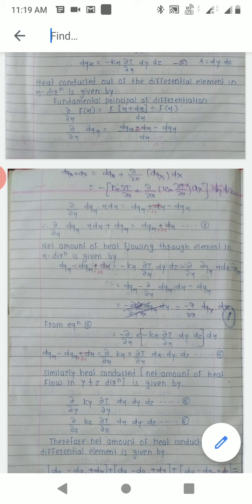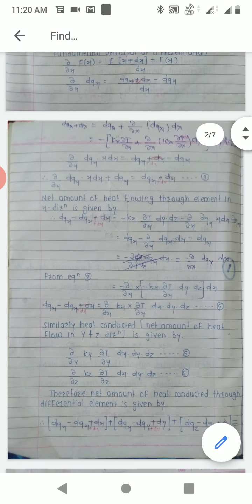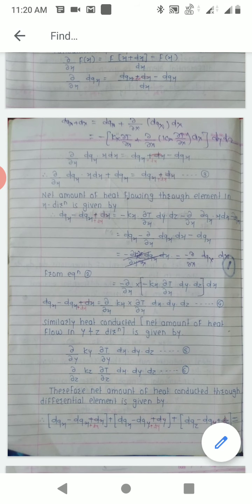Here kx is the conductivity along the x direction, and equation number 4 is for the x direction. Similarly, the net amount of heat conducted in the y direction and z direction is, replacing x by y, dou by dou y of ky into dou T by dou y into dx dy dz.